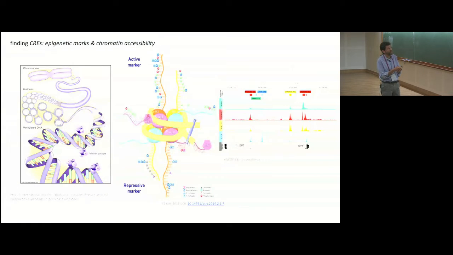But the important thing is that there will be regions that are enriched in histones with a particular mark, while there are some other regions where the histones are not marked specifically. And by looking at the presence of certain marks, we can define regions which are likely to be enhancers. So now we can have a look at the whole genome and identify those regions that are actively working as enhancers or as regulatory regions.